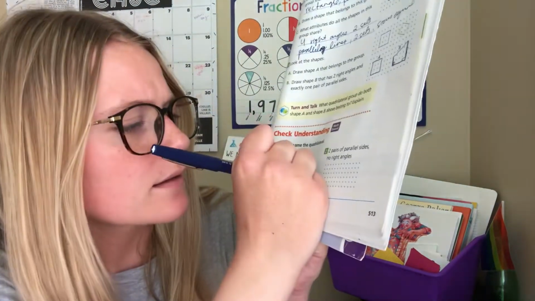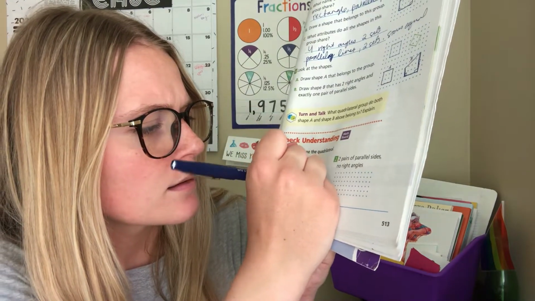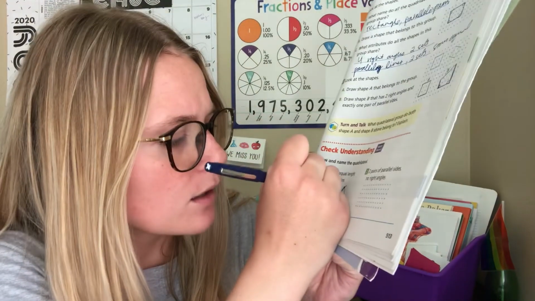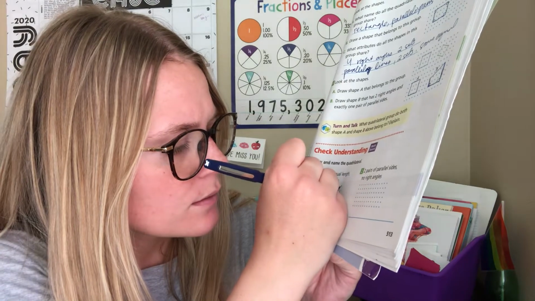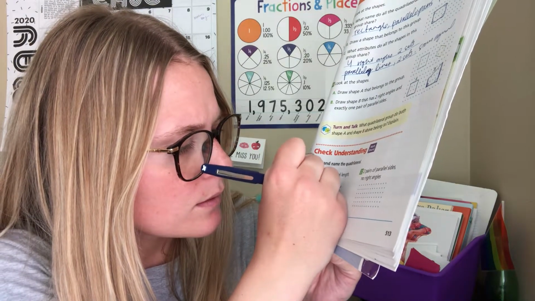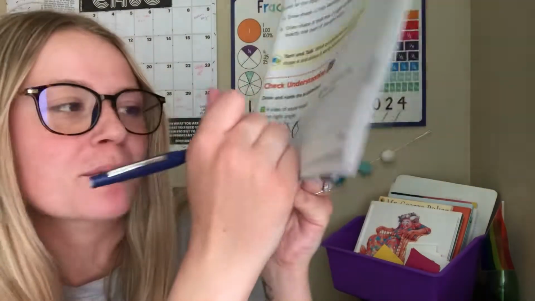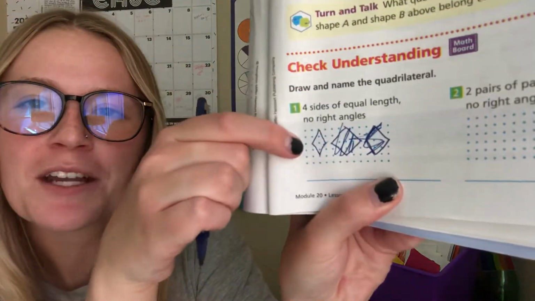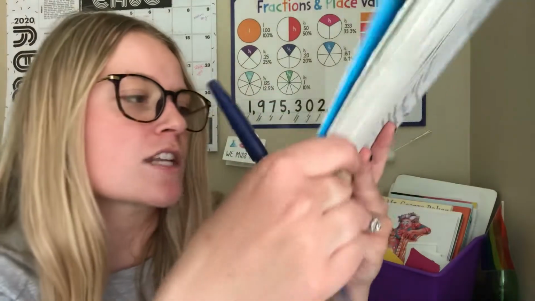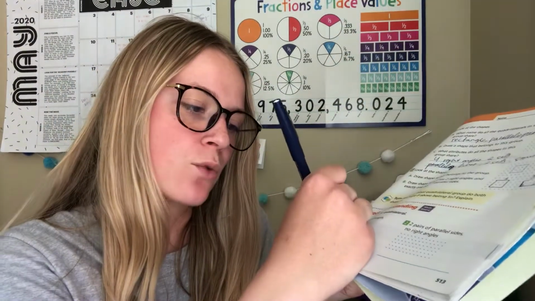Okay, that's a little better. Ooh, now it's getting all weird. There we go. I got it. 3rd time's the charm. So here we have 4 equal side lengths, no right angles. This is a rhombus.